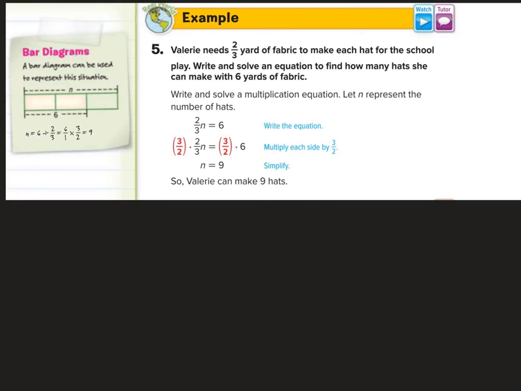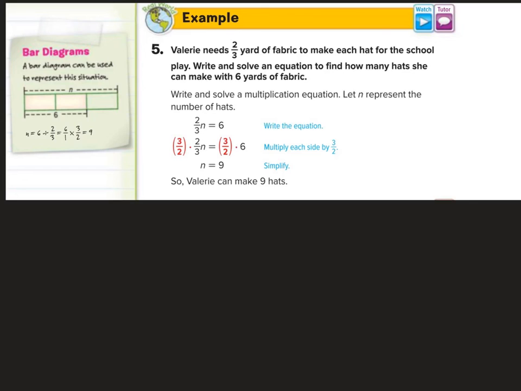Here's our last example for lesson notes. Valerie needs 2/3 yards of fabric to make each hat for the school play. Write and solve an equation to find how many hats she can make with 6 yards of fabric. So 2/3 times the number of hats equals 6.